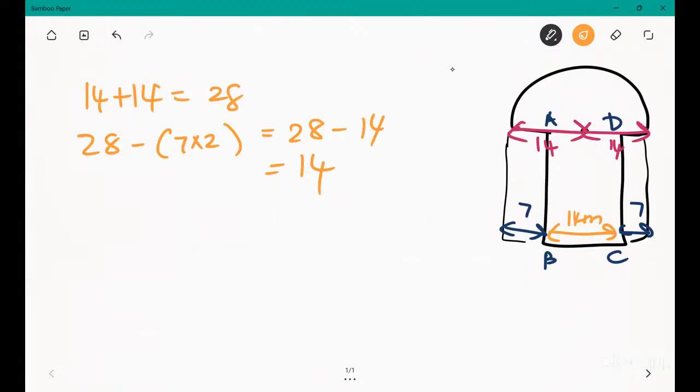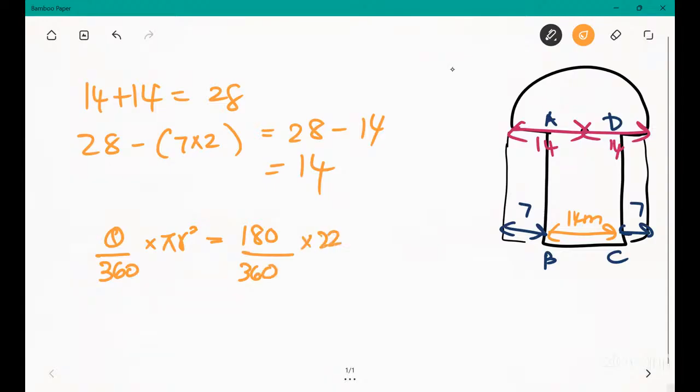Okay, then they're asking us to find the area of the semicircular part of the flower bed. So area of the semicircular part, remember, that's theta over 360 into area, so pi r squared. Since it's a semicircle, theta here is 180, so 180 over 360 into pi, which is 22 over 7, into r squared.